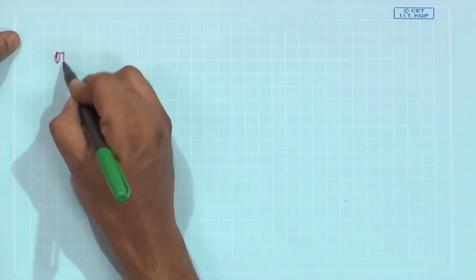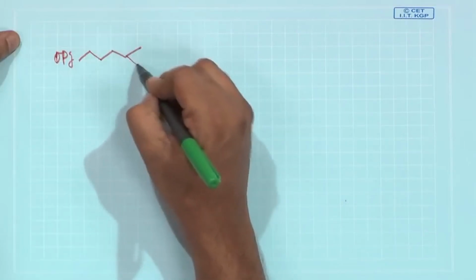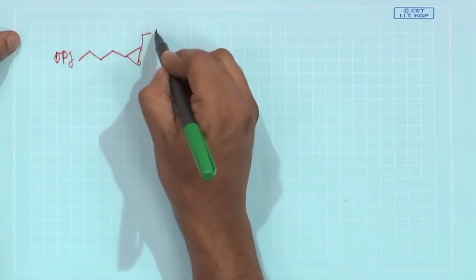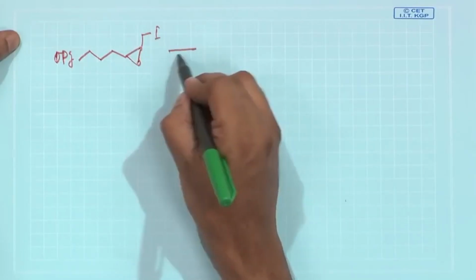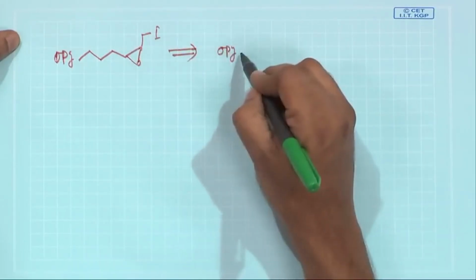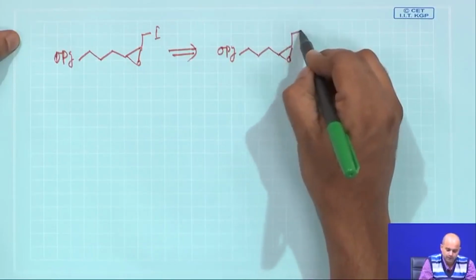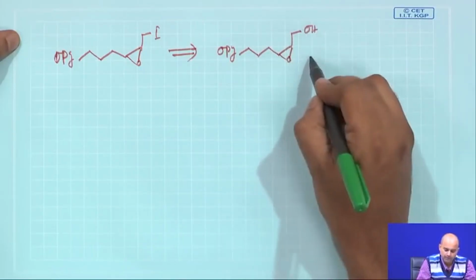Now, trying to formulate the entire pathway. You have OPG and the epoxide, with OCH2I, which I am now drawing. Now try to do the retro. This iodo compound you can simply access from the corresponding alcohol through an Appel reaction.